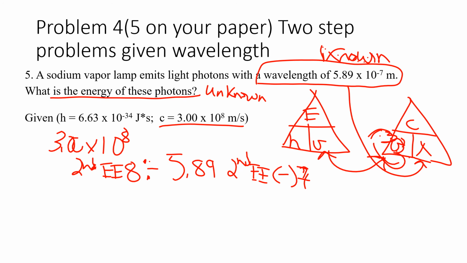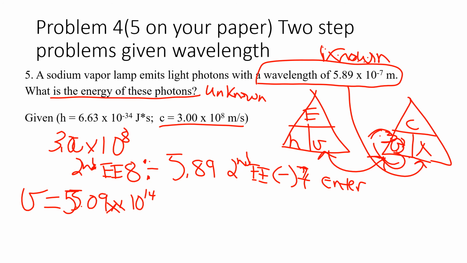Put the 7 in there after that. Hit enter. So the first half of this, which solved for frequency, answer is 5.09. You should see a little times 10 on the bottom right, 14 power on your calculator. It's 5.09 times 10 to the 14.